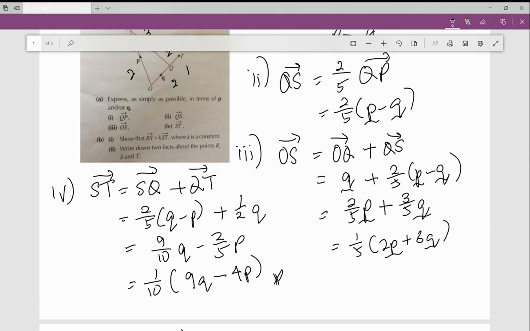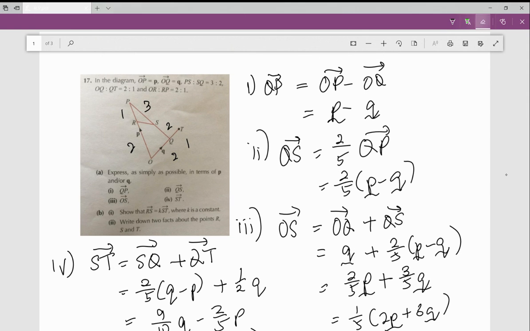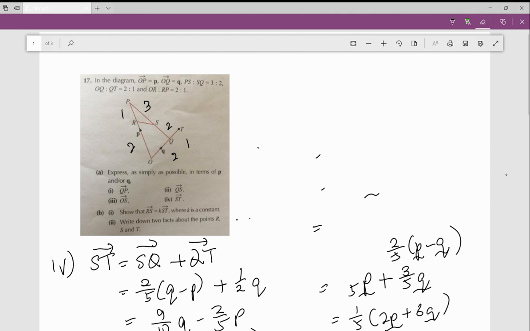Now the next part, they ask you to write 2 facts about the points R, S and T. This is the part that many of you did listen to me on when I was teaching in class, so I'm quite glad to see that. This is the expectation for the answer in the O level. The 2 facts are these.